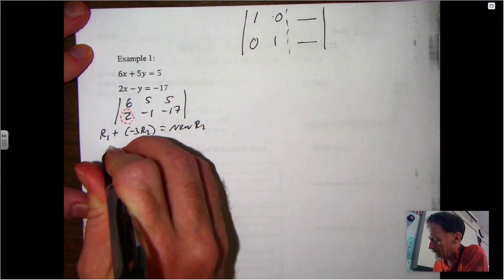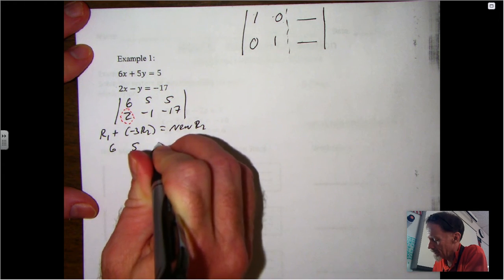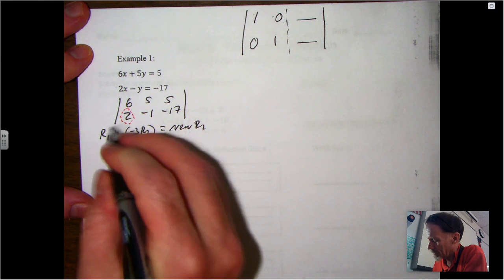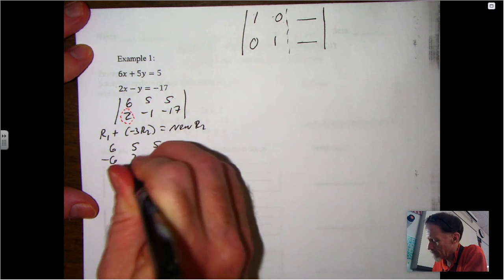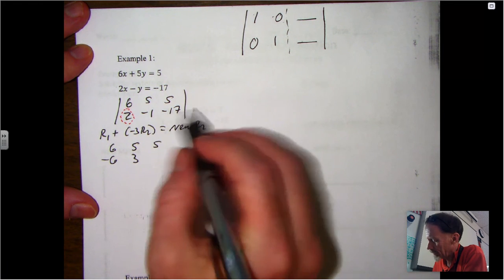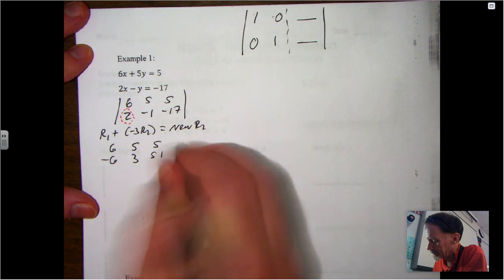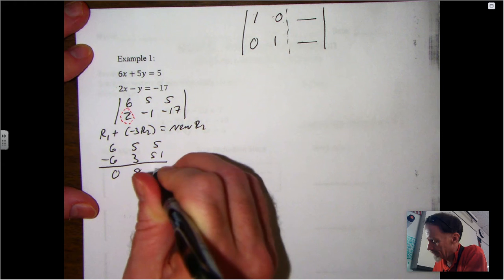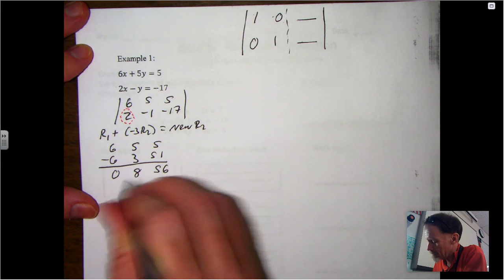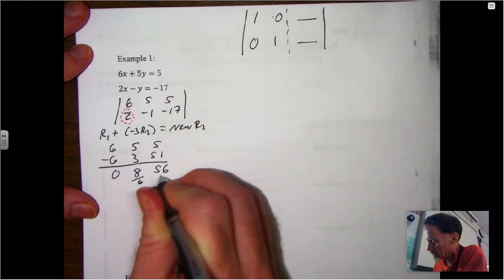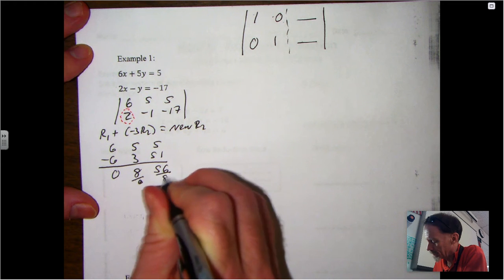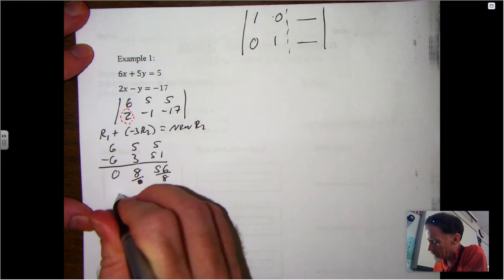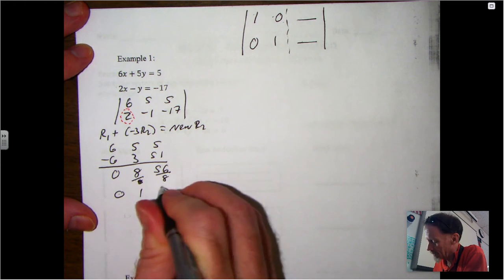So write that out: 6, 5, 5, and then multiplying by -3 gives -6, +3, and 51. Combine those up and we get 0, 8, and 56. Notice I can divide both of those by 8, again just to make the numbers smaller, so it's 0, 1, and 7.